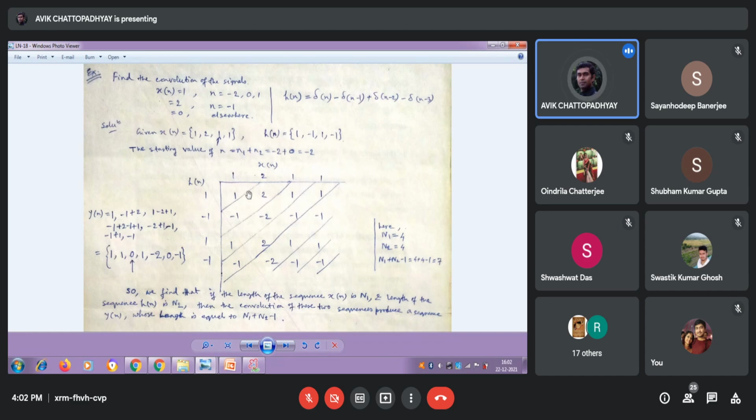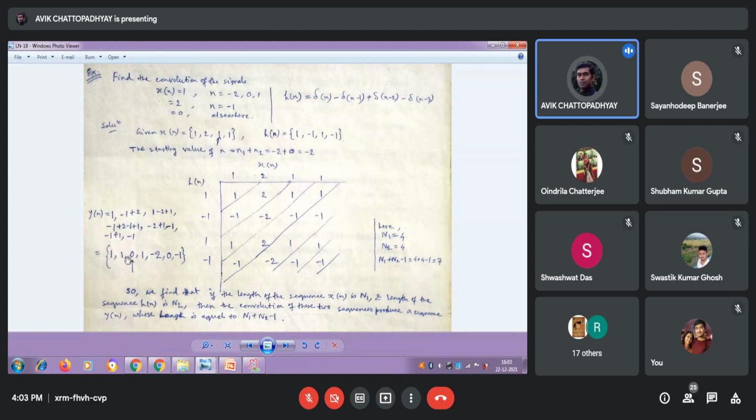Within this diagonal, whatever elements are there will be added: minus 1 plus 2 gives you plus 1. So this is the second element, plus 1. Then you add these 3 in the diagonal position, 1, minus 2, 1. If you add them, it will give you 0. So the third element will be 0. In this way, you add all the values and you get yn, as given here.